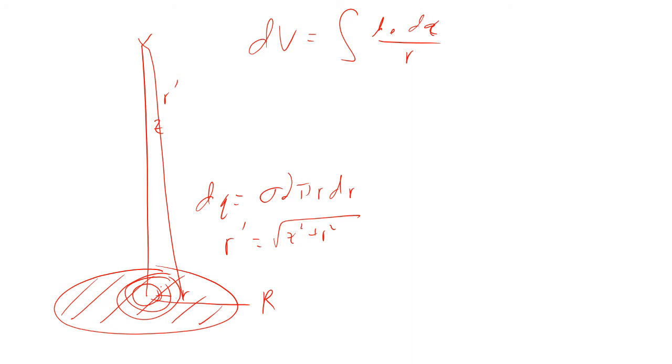Okay, and so our integral now is going to look like, if we plug all that in, r prime down here. So if we plug in our V, sorry, it should have been a V, not a dV up there.